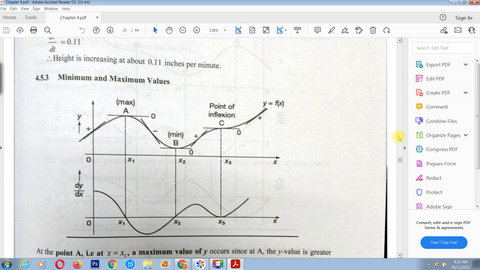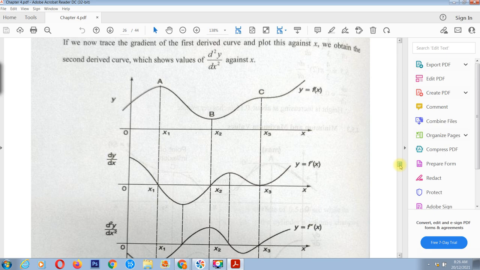We can measure the minimum value and the maximum value for that function. Once we define the function, we can know the minimum and maximum value, and we can also know the optimum condition for that function, to make it more convenient to use.